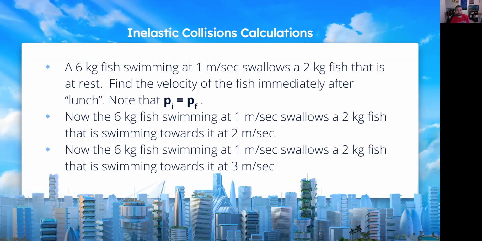All right, so here's where we get math. That final momentum, so I'm going to use P sub F, or just P(F) here. I'll put it in parentheses to make it more clear that it's a subscript. So the final momentum is going to be equal to the total mass times the total velocity.